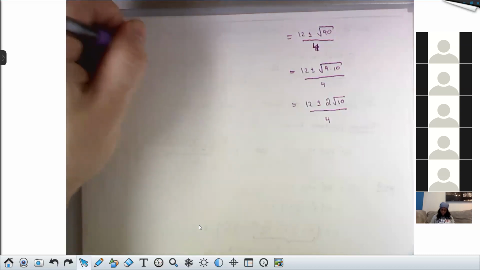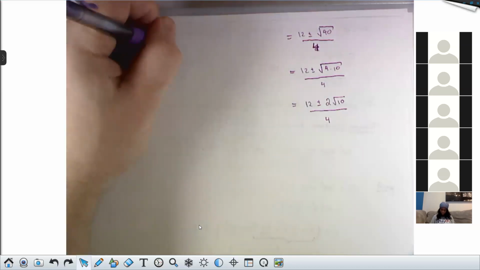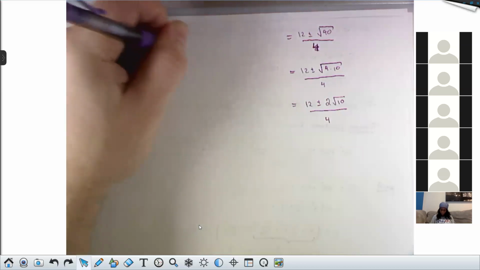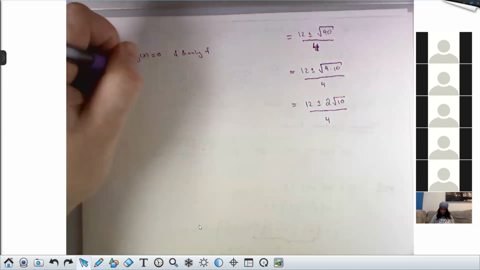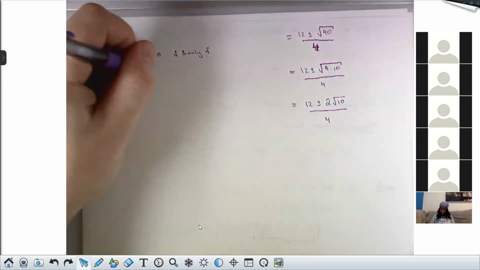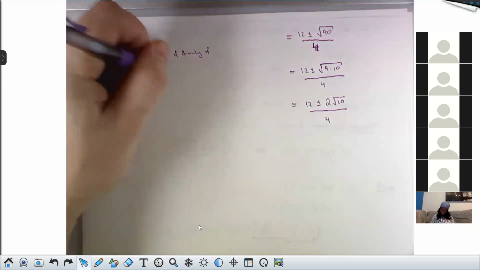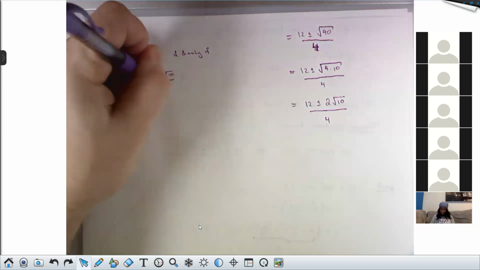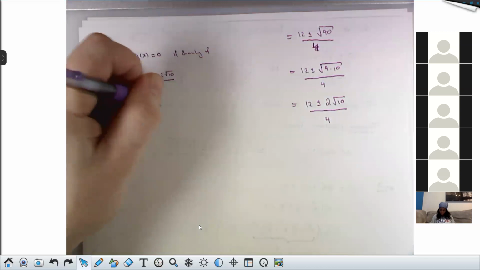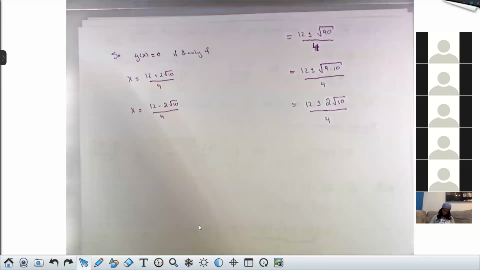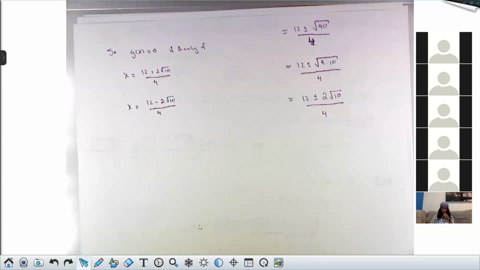g of x is equal to 0 if and only if x is equal to 12 plus 2 root 10 over 4, or 12 minus 2 root 10 over 4. And these can both be cleaned up a little bit.